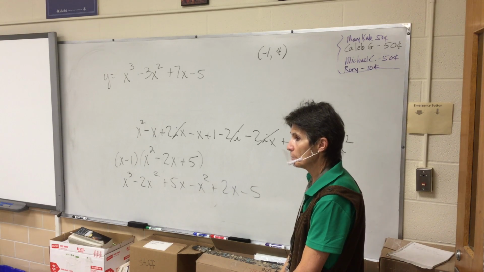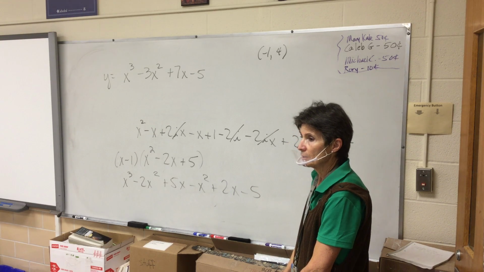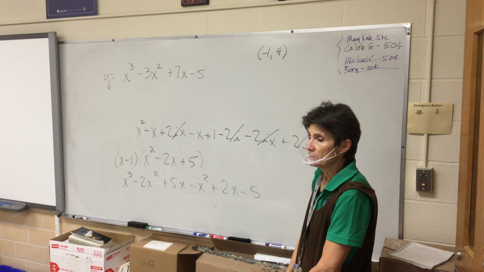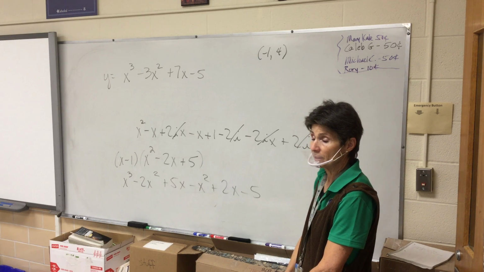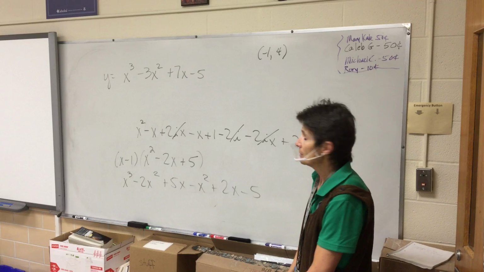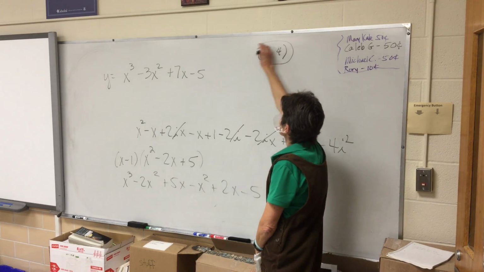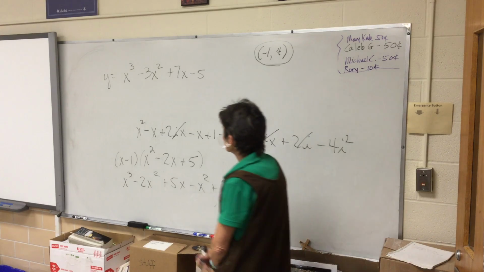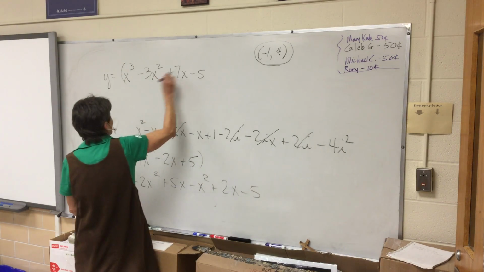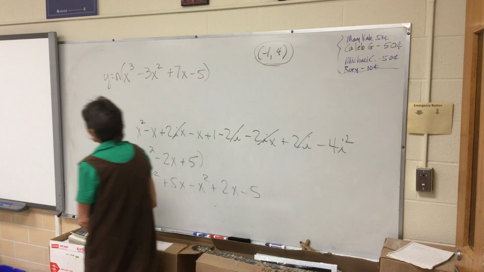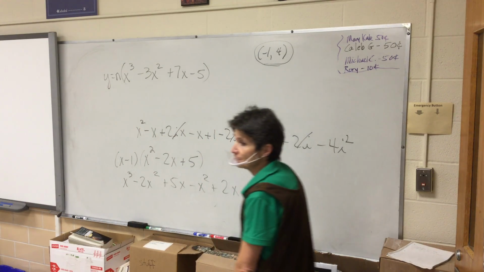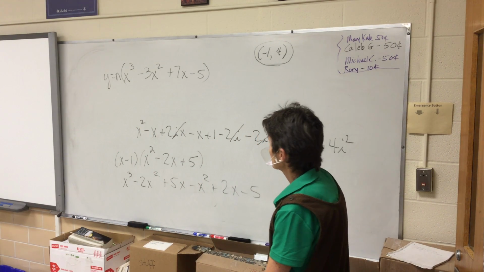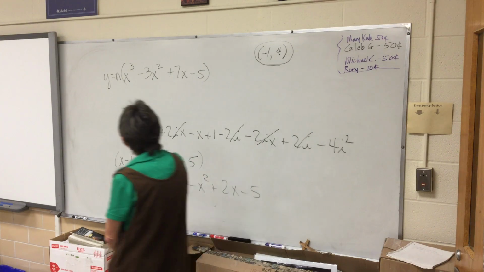Michael, is that what you ended up with? Are we done? No, because we still have to make sure that our curve contains that point, right? Which means that there's some multiplier out here that's going to determine that. So here we go.